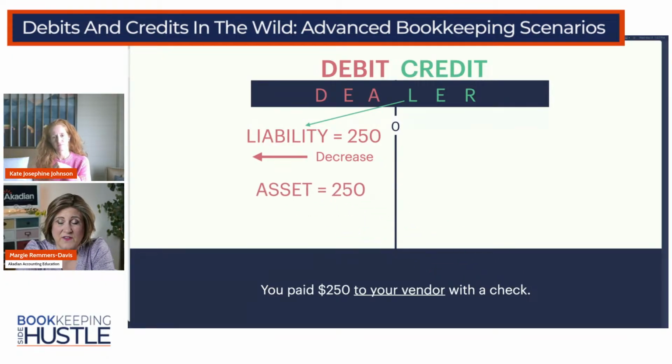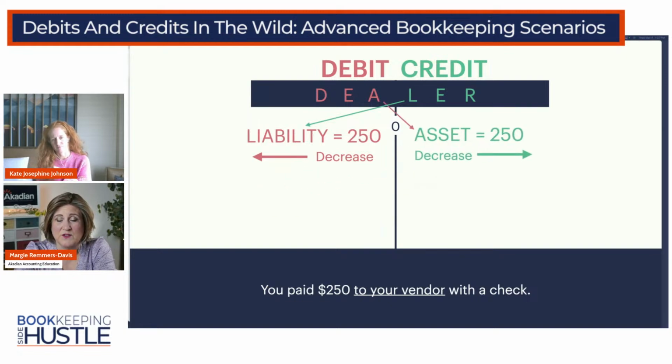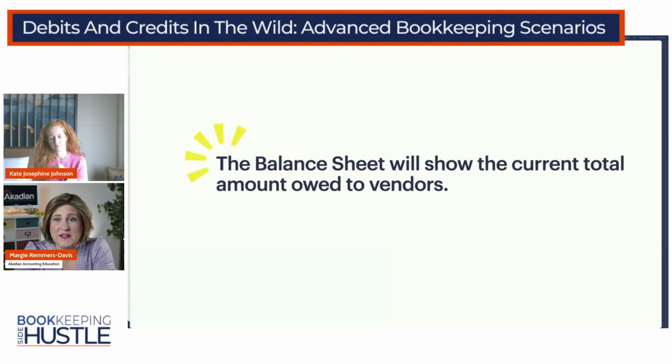Assets live on the left-hand side, but there's less money in your checking account, so now it's moving over to the right-hand side. So we have that little crisscrossy thing. Okay, so the balance sheet is going to show the current total amount owed to vendors, and you'll be able to see how money is added to and subtracted from that account.